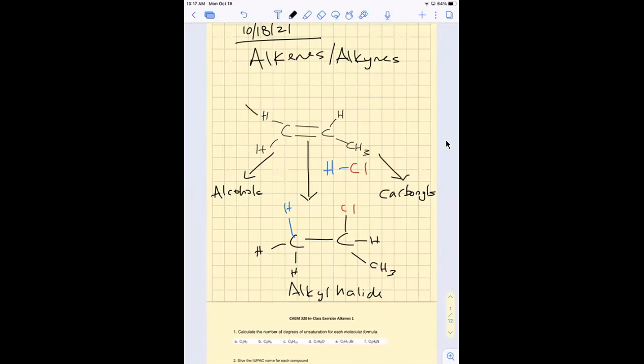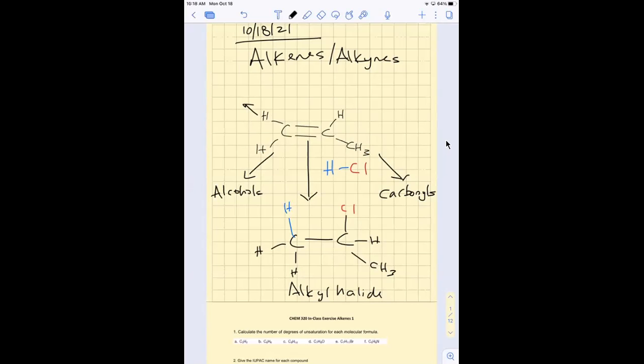We'll also talk about how to turn alkenes into epoxides. And if you learn these reactions now, it is going to benefit you when you get to part two. I can't tell you how much time I spend in part two reviewing reactions that were learned in part one that are basic reactions, not anything esoteric, like how to convert an alkene into an alkyl halide.